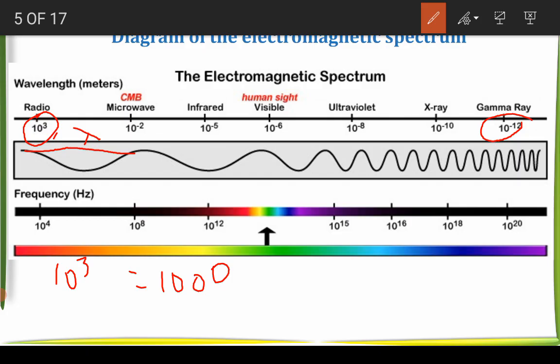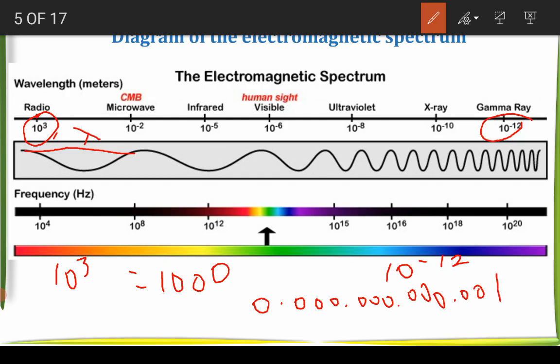But if you look at that of gamma, gamma is 10 to the power minus 12. 10 to the power minus 12 is a very small number. It's 0. You have 11 zeros and a 1. Okay, so you have 1, 2, 3, 4, 5, 6, 7, 8, 9, 10, 11, 12.